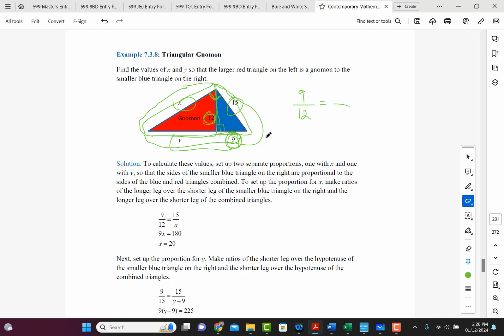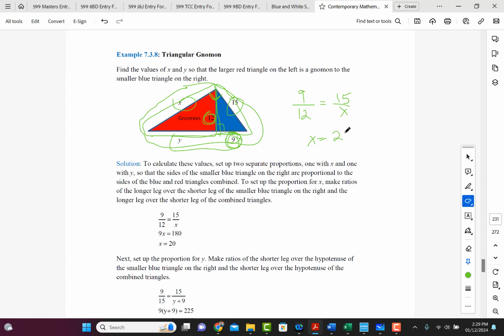So 9 goes with 12, which means on the big triangle, the smaller leg, 15, goes with x. So we get 15 over x. And now when we solve this, we get x equals 20.